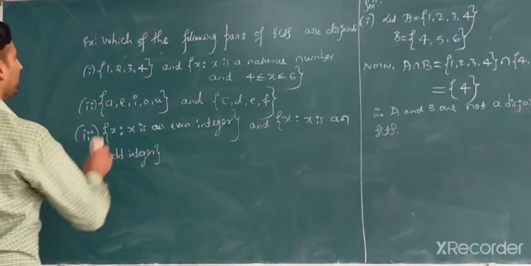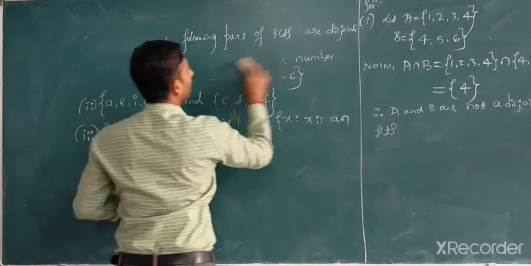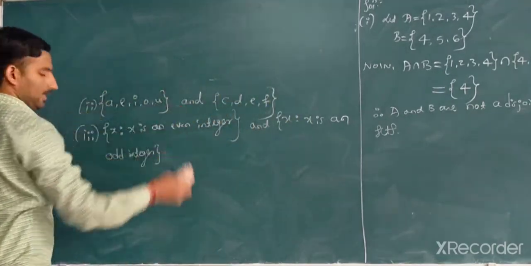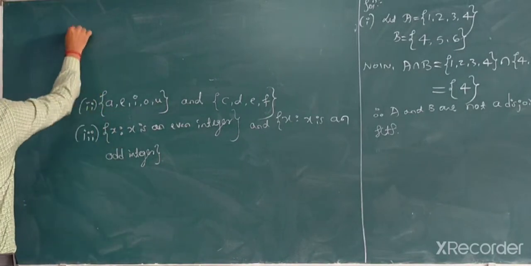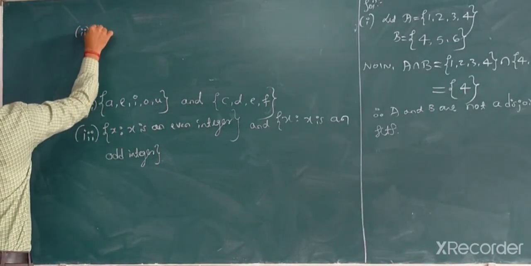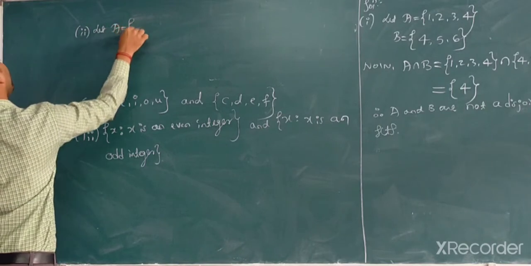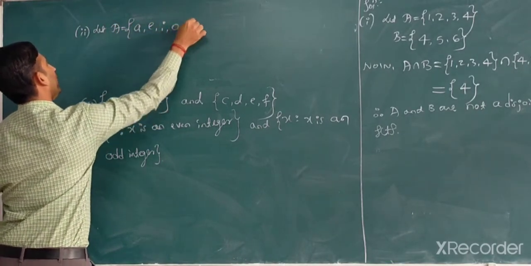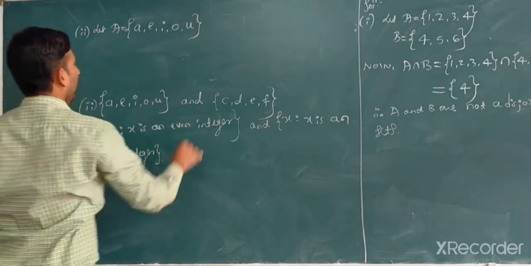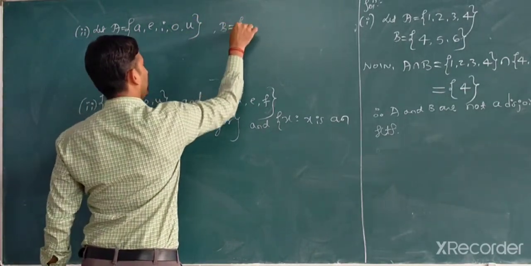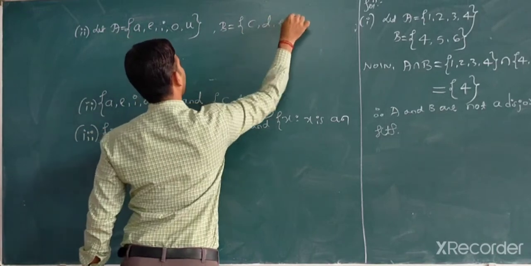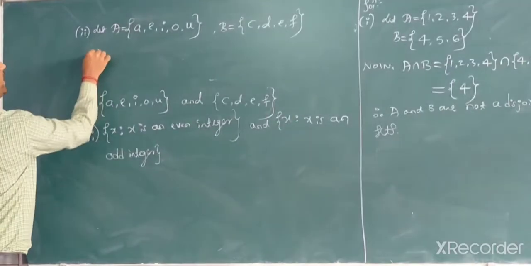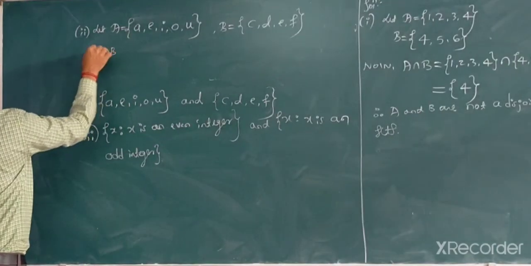Next, second one. Let A is equal to A, E, I, O, U and B is equal to C, D, E, F. What is A intersection B?